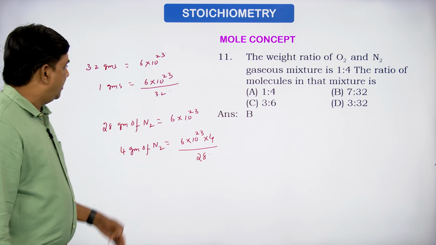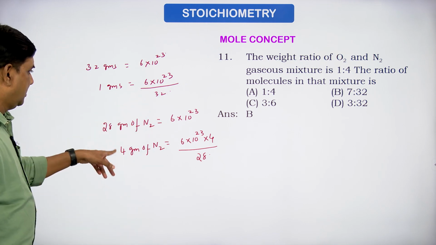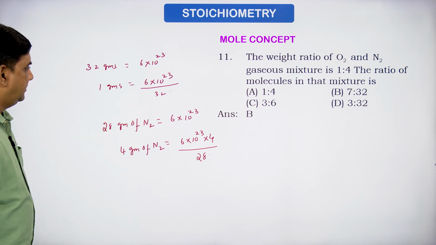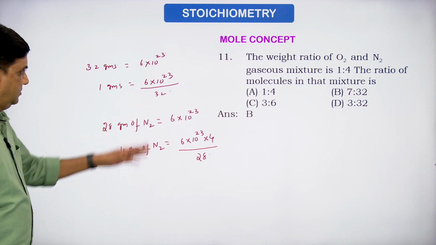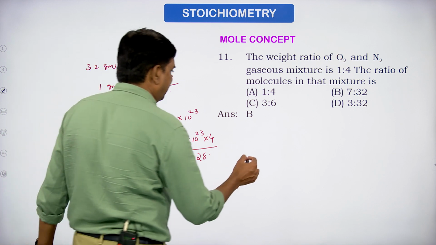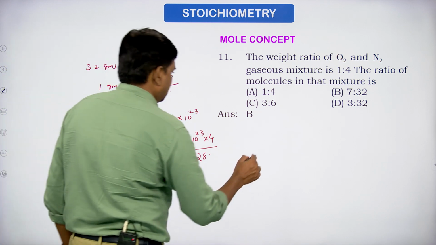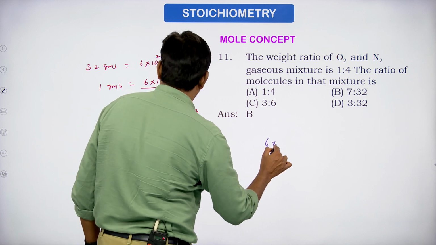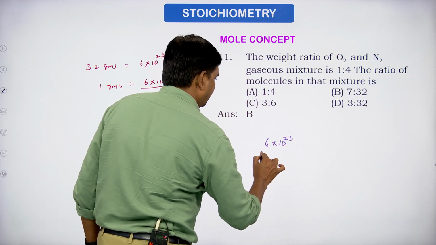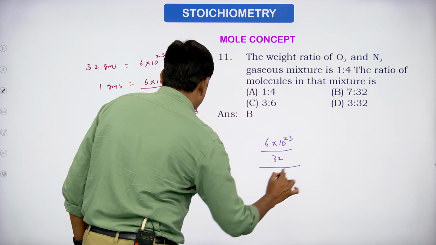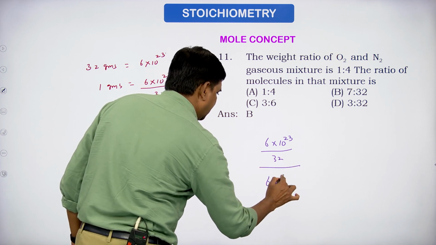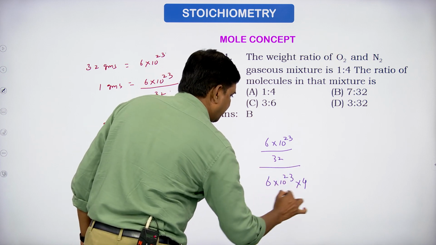Now, take the ratio of these: 6 into 10 power 23 by 32, divided by 6 into 10 power 23 into 4 by 28.